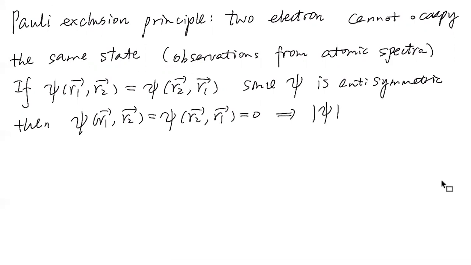So the probability distribution is 0. So it is not possible for two electrons to occupy the same state.